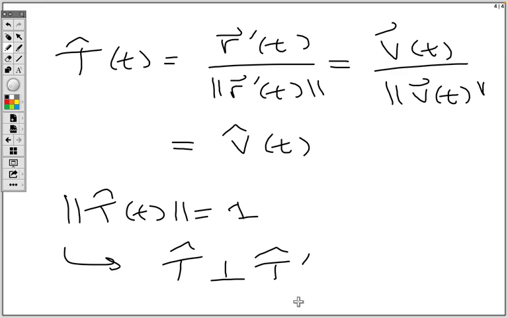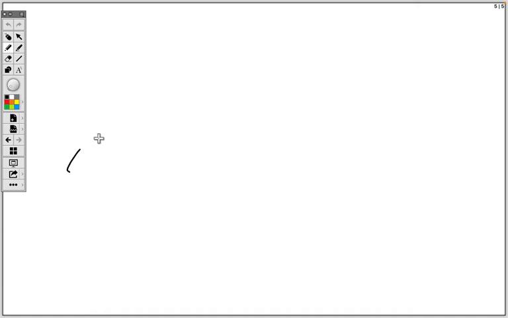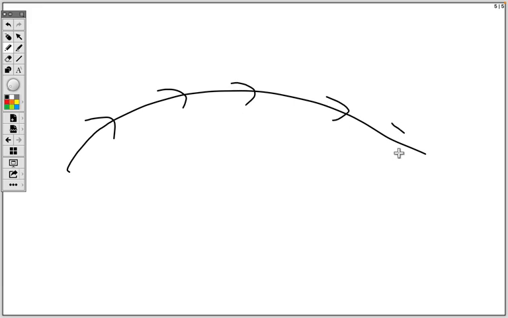So if we think about what this would be doing in space, we've got our curve, oriented, and T hat prime is the direction we're going. If you pick some points on the curve, there's your T hat, T hat, T hat, T hat.